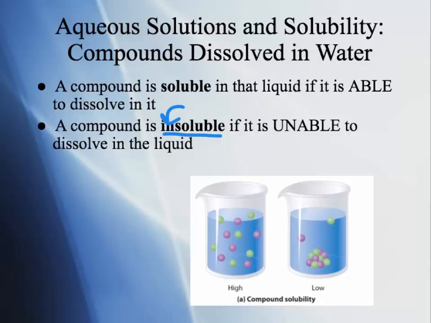So this one would be soluble, and this one here that clumps together would be insoluble. Those are the two vocabulary words we use quite often when talking about dissolving in water. Soluble means you can, insoluble means you cannot.